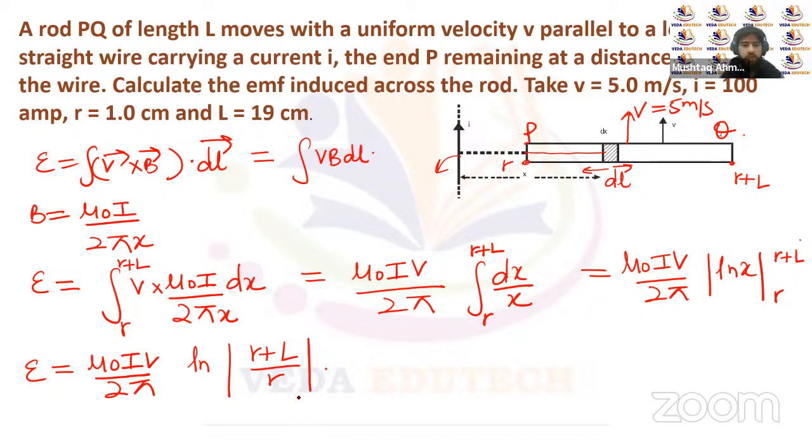Now we can substitute the values of V, L, and R in this equation to get the value of EMF induced across two ends of the conductor.